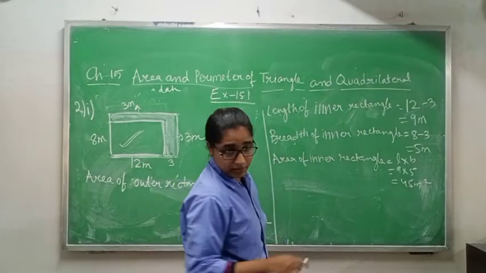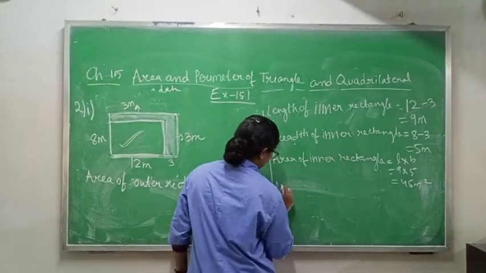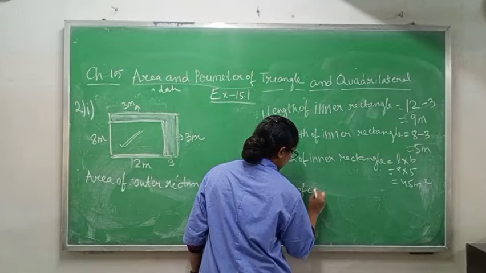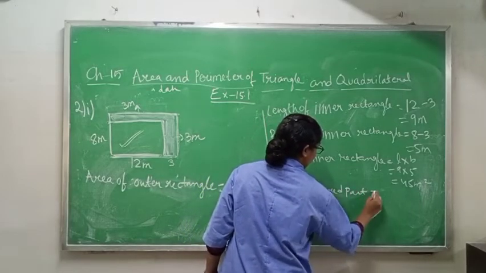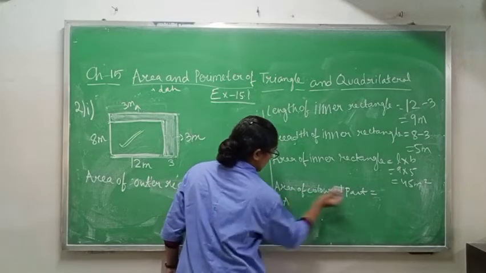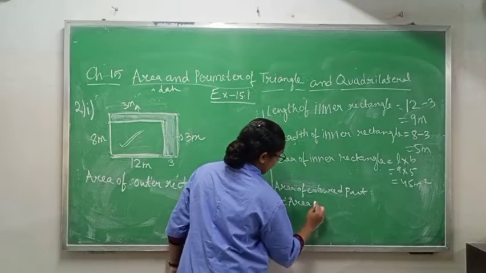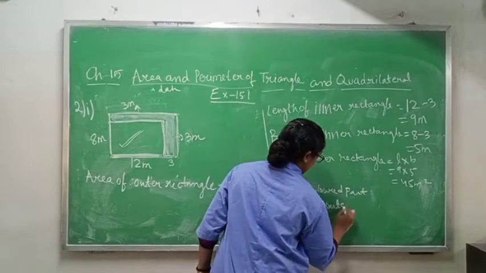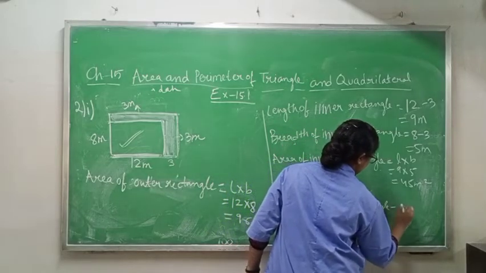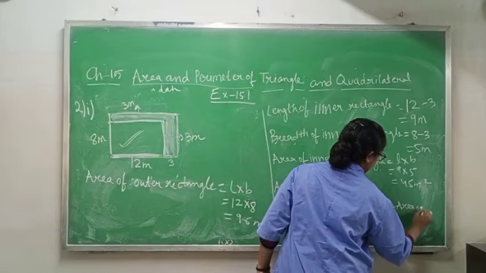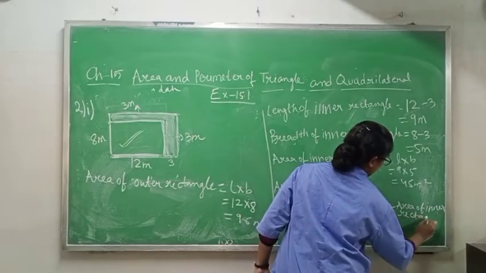Now you have to find area of colored part. Area of colored part will be, I am writing here, area of outer rectangle minus area of inner rectangle.